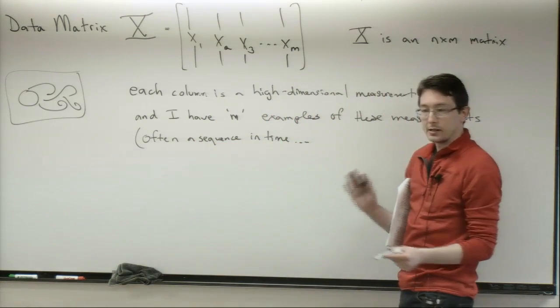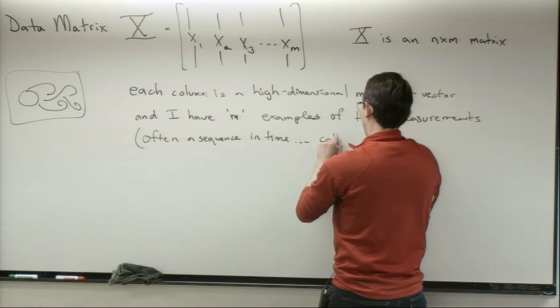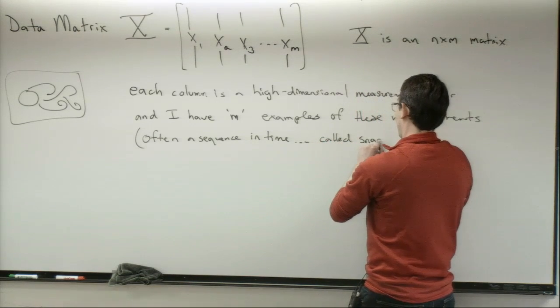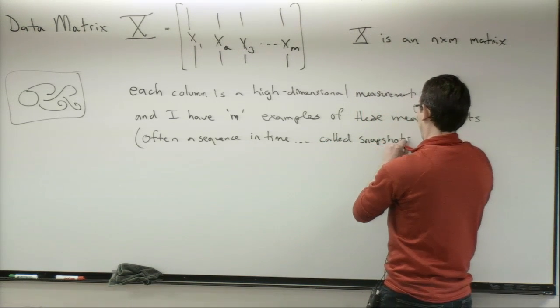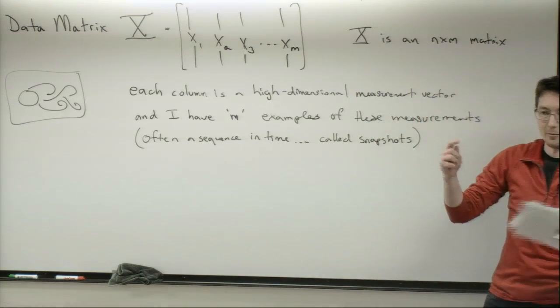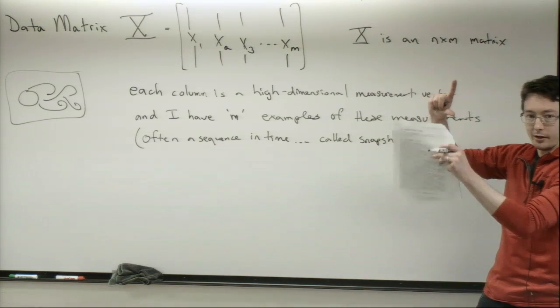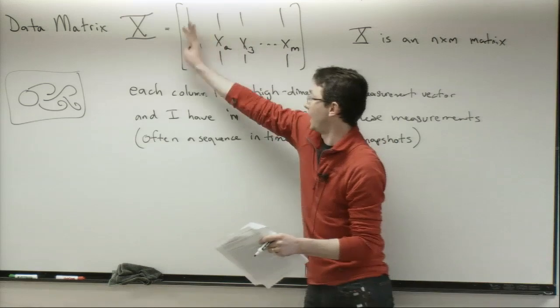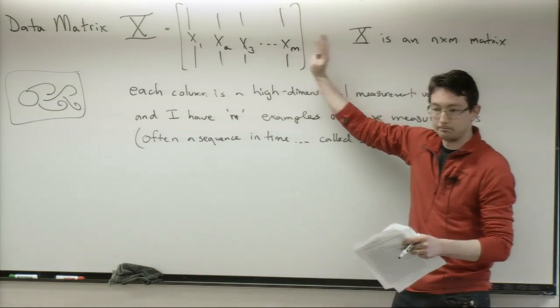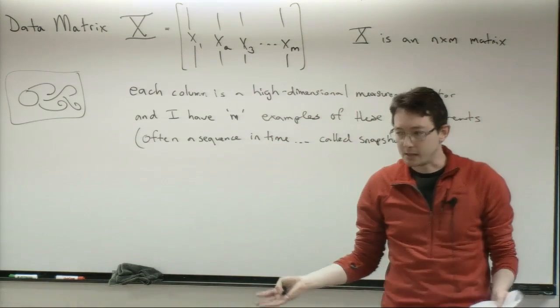And if they're a sequence in time, then we call them snapshots. Makes sense, right? You're kind of imagining you're taking data with your camera, and at every moment in time, you take a snapshot. These are each snapshots of data. Does it make sense how we're gathering this data?